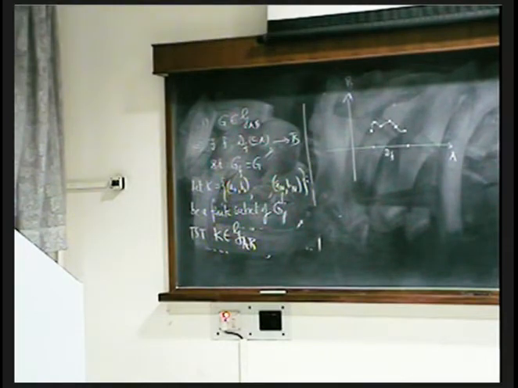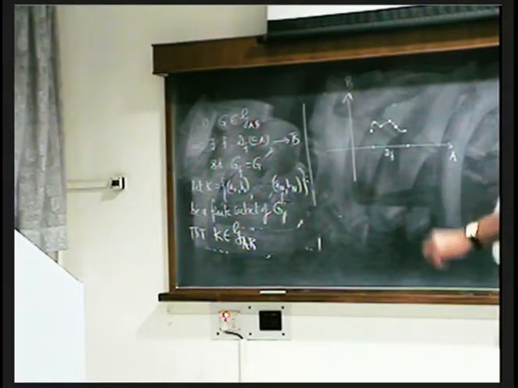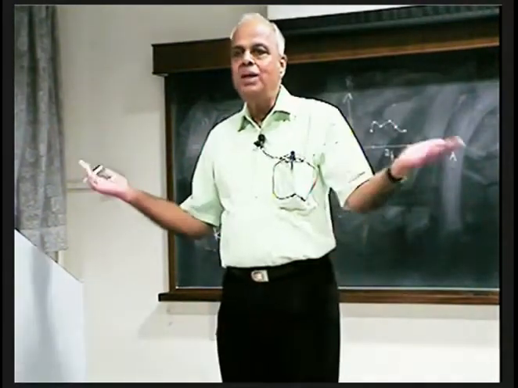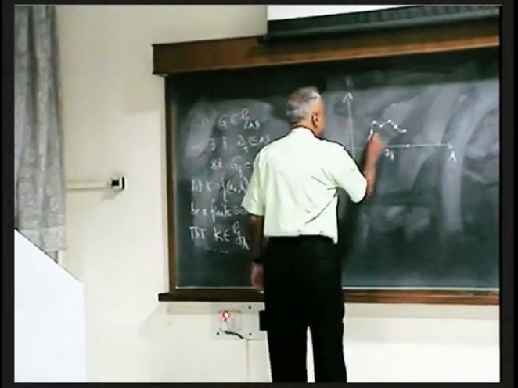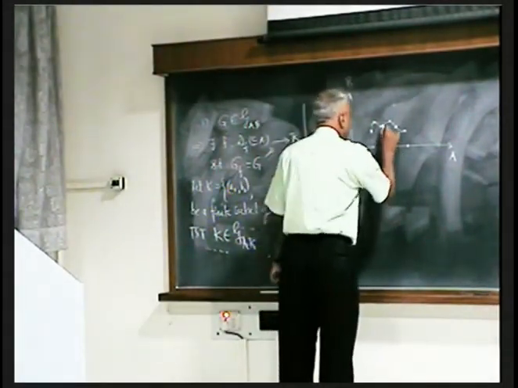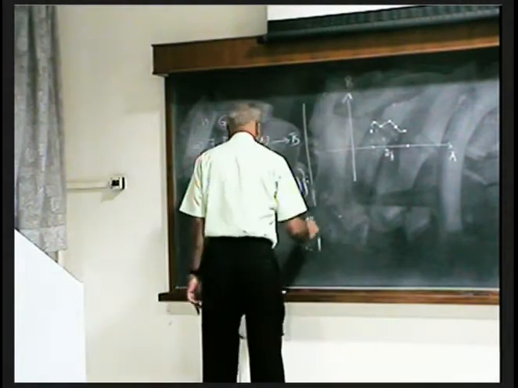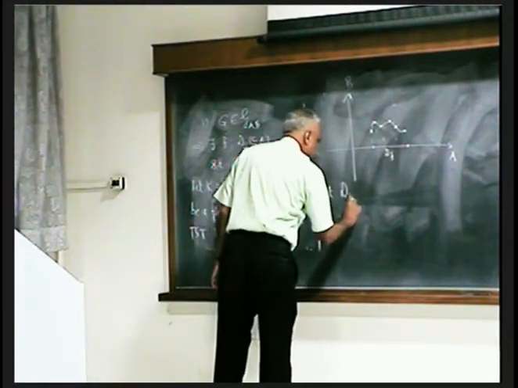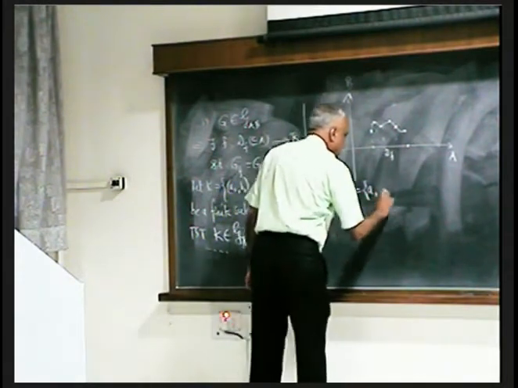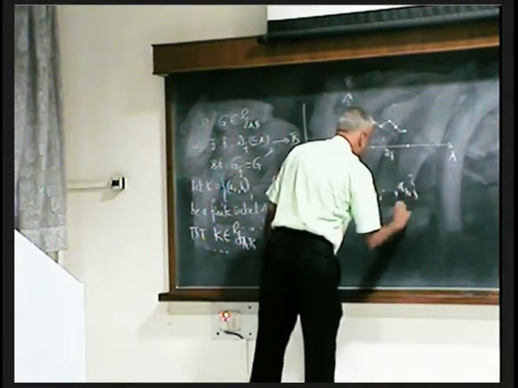So in order to show that K is a graph, I must generate a function whose graph is K and whose domain is a part of A. Is it obvious? Simply take the projections of these points, a1, a2, ..., an. So let Dk be equal to {a1, a2, ..., an}.